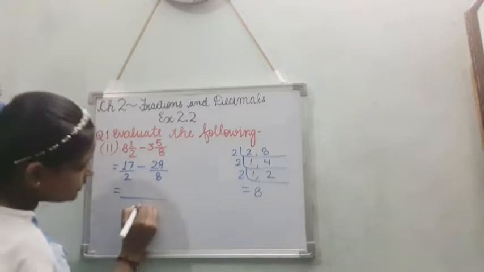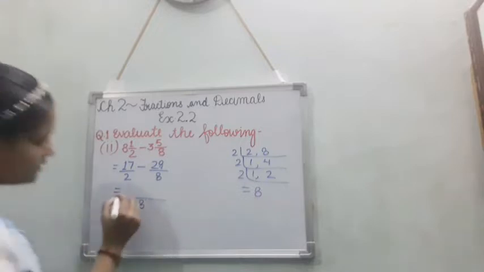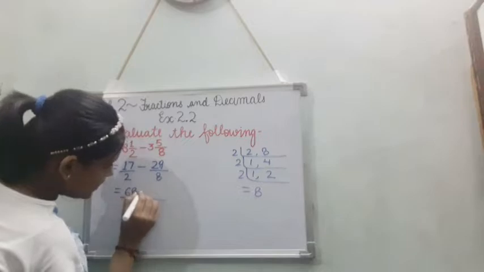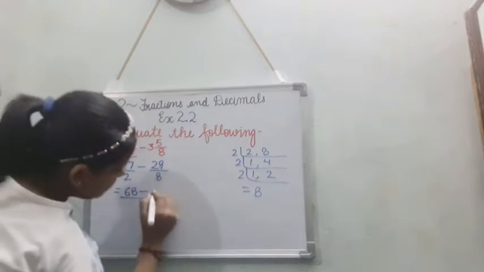LCM is 8. Now 8 divided by 2 is 4, and 17 into 4 is 68. Then put the minus sign, and then 8 divided by 8 is 1, and 1 into 29 is 29.